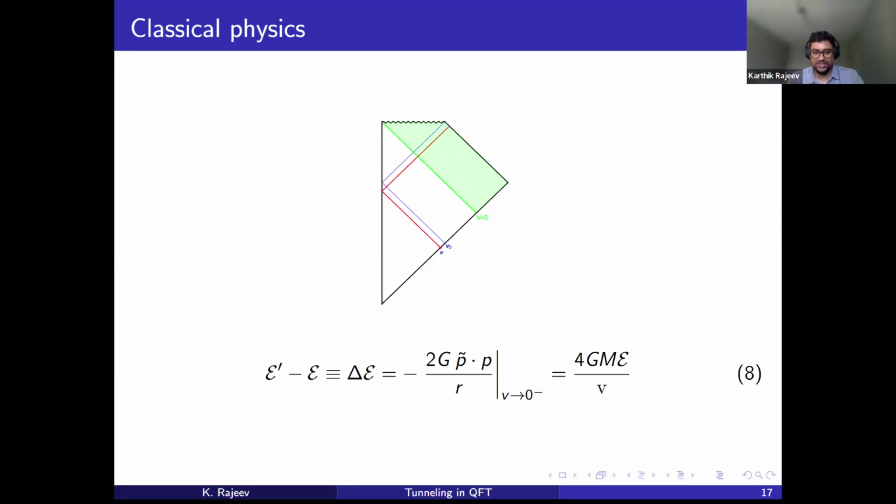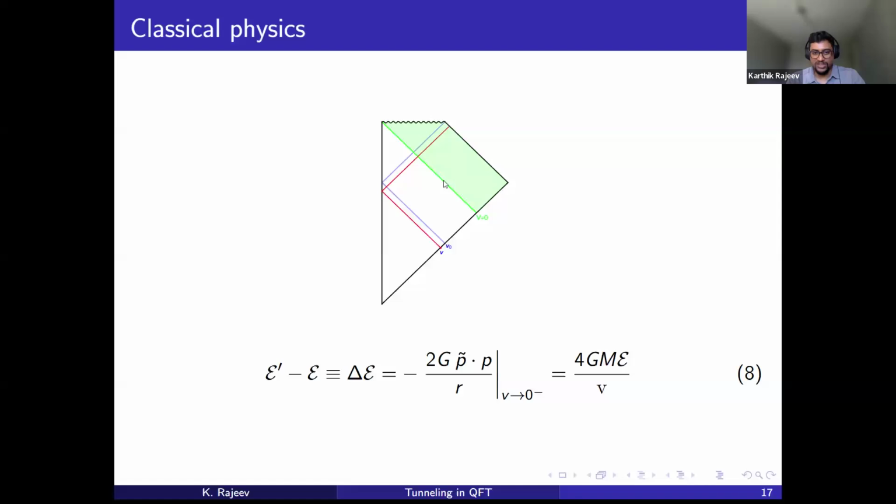It is the following object: a change in energy, delta E, for a massless particle that starts off from some value V and reaches scri-plus with a prescribed energy, let's say E prime. So how do I compute this?